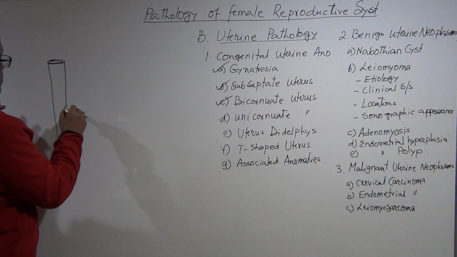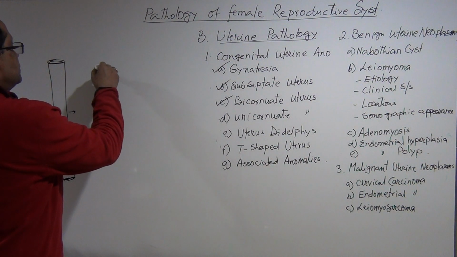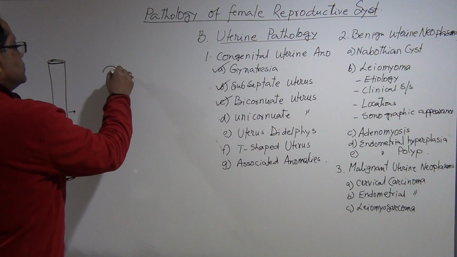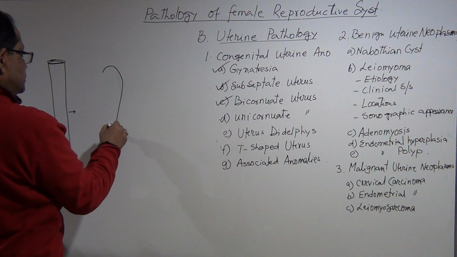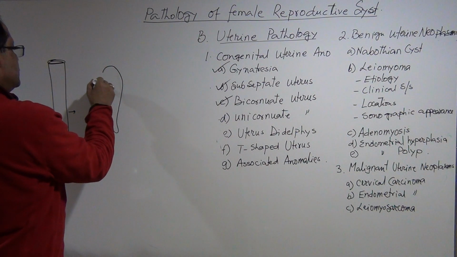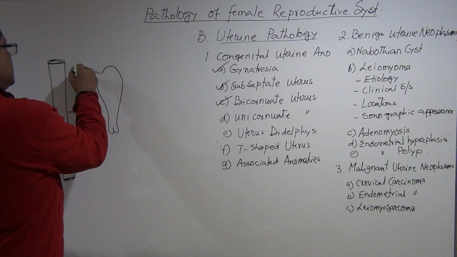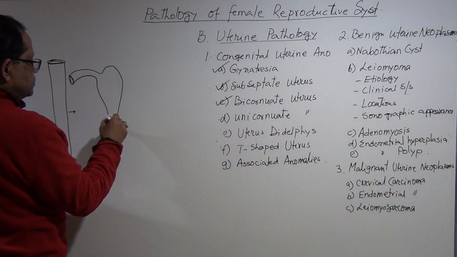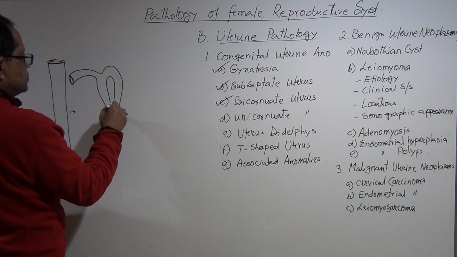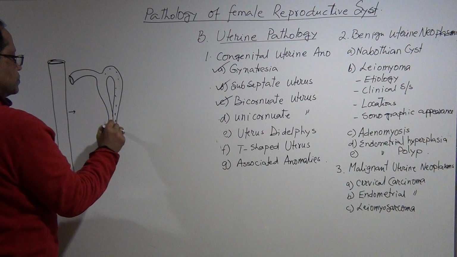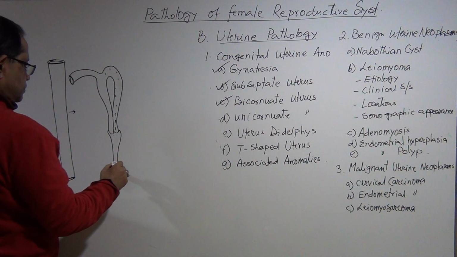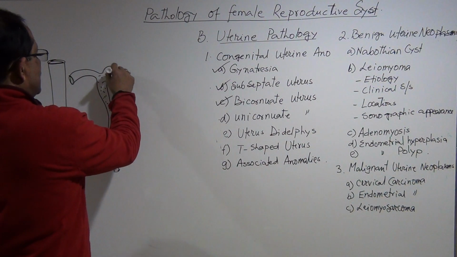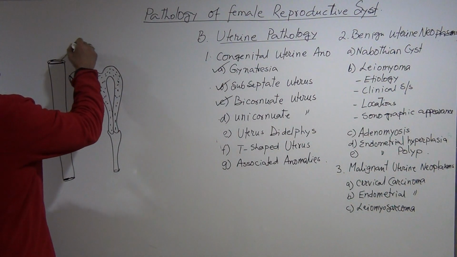It will form a small uterus, a single Mullerian duct.